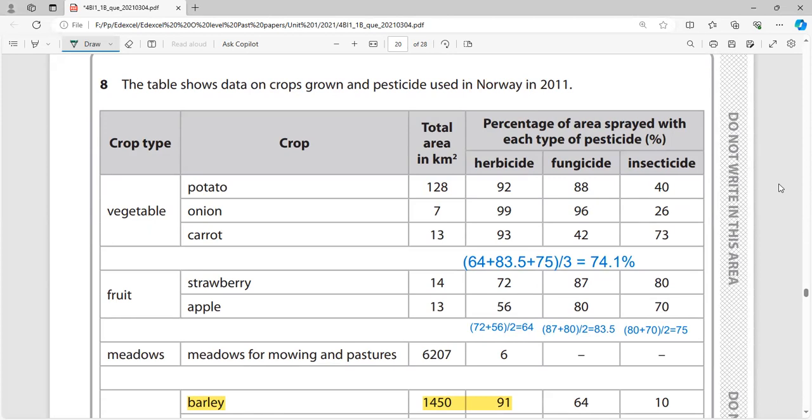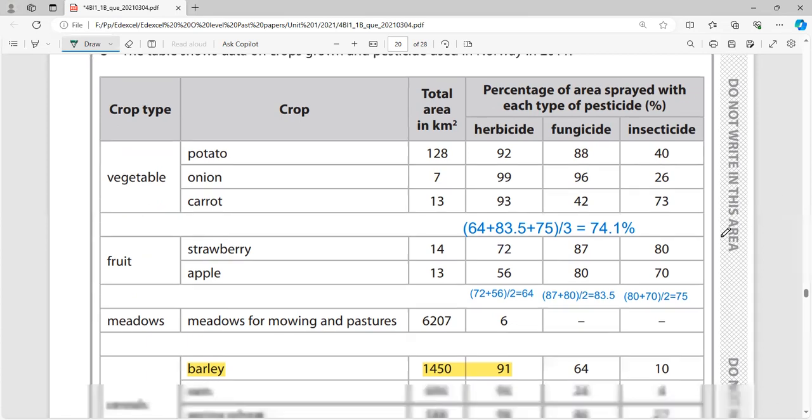This is the percentage of the area sprayed with each type of pesticide. These pesticides protect the plant from any organism attacking the plant. There are three types. Those killing weeds are herbicides. Those killing fungus are fungicides. Those killing insects are insecticides.